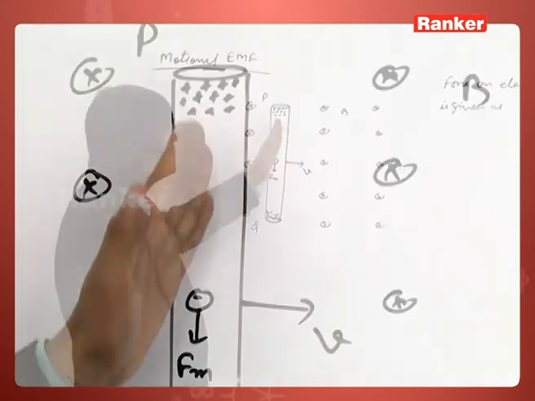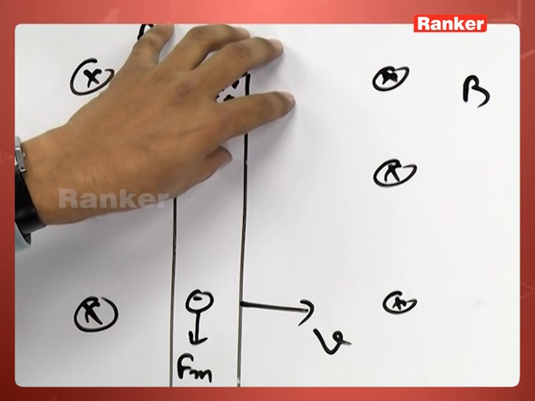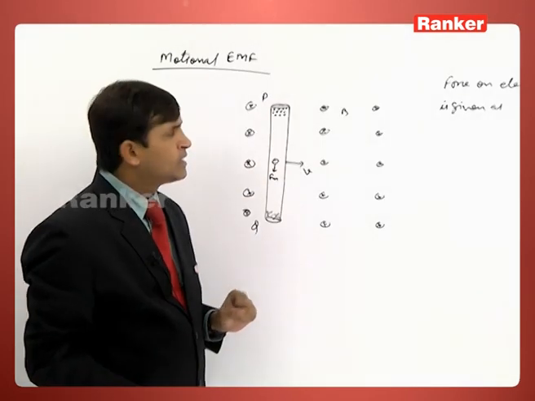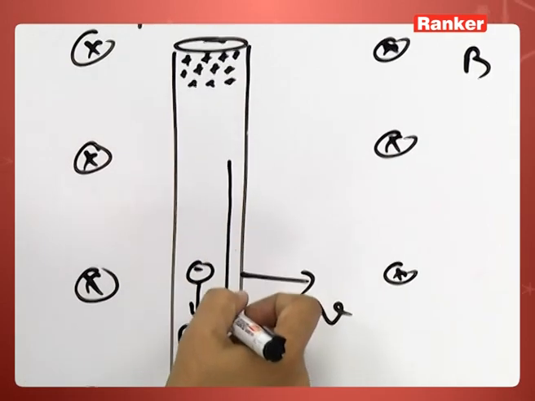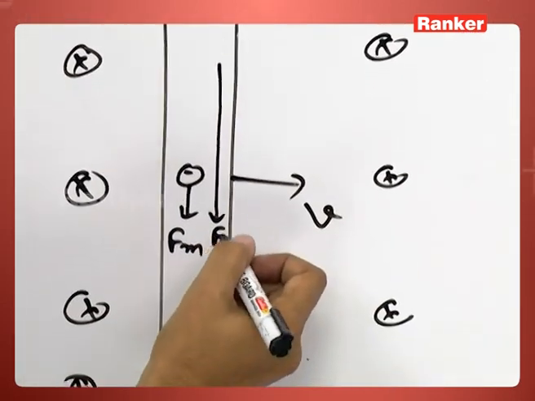Due to the presence of this positive charge density here and negative charge density here, an electric field develops within the conductor. This is the direction of the electric field.